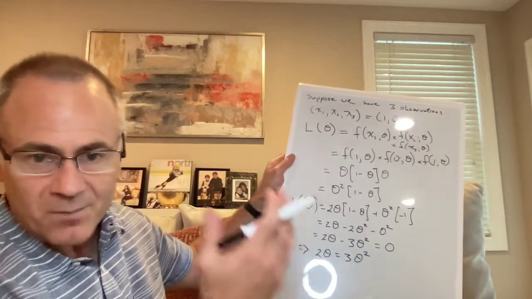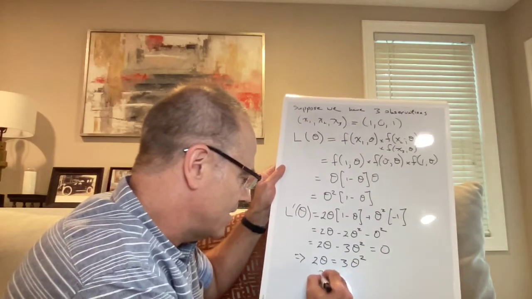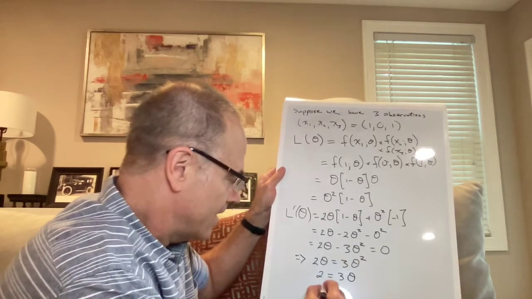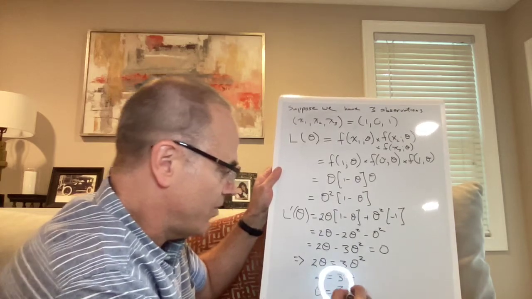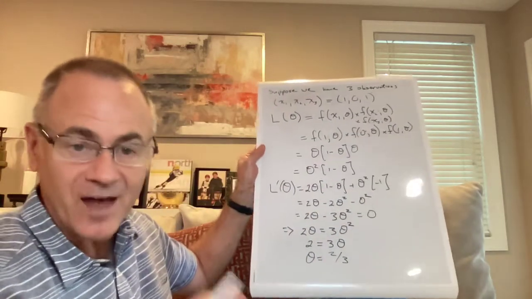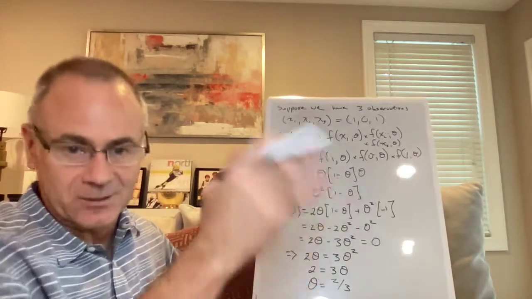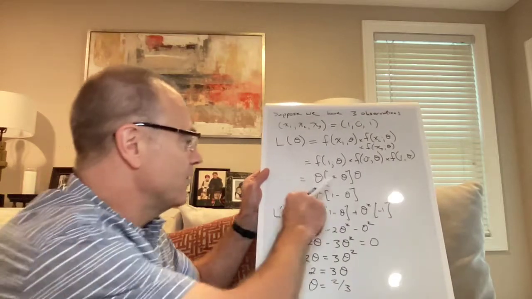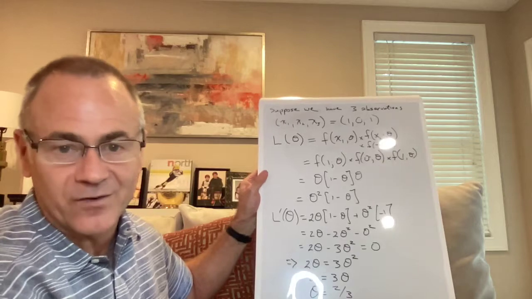Dividing both sides by theta gives 2 equals 3 theta, so theta equals 2/3. We can take the second derivative to show that it's a maximum rather than a minimum, but theta equals 2/3 is the value that maximizes the likelihood function.